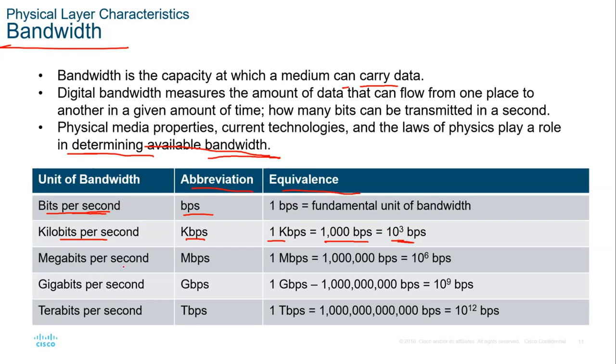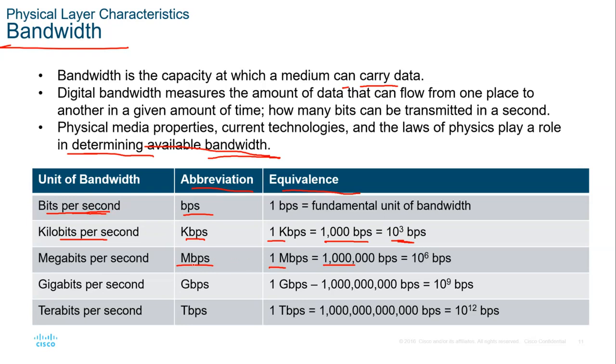When it comes to megabit per second, the abbreviation is this: 1 megabit is equivalent to 1,000 kilobits per second. But don't forget that 1 kilobit per second is equivalent to 1,000 bits per second.